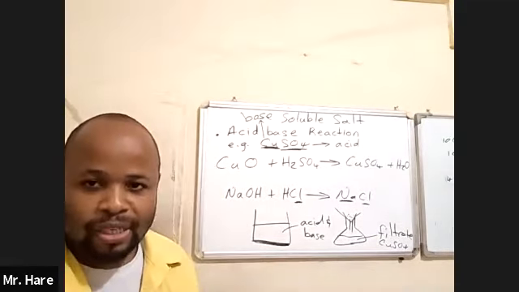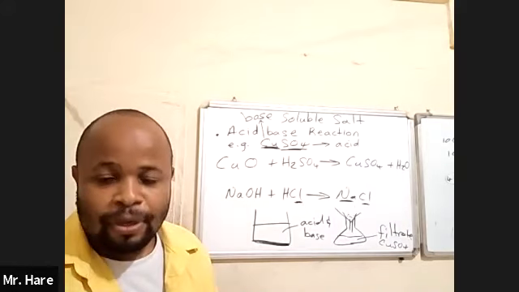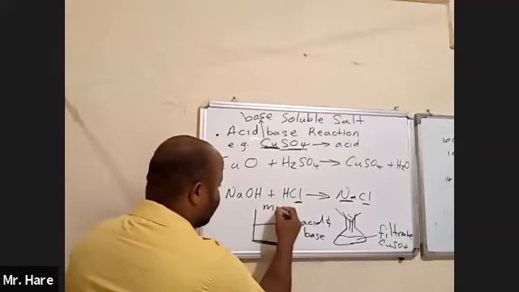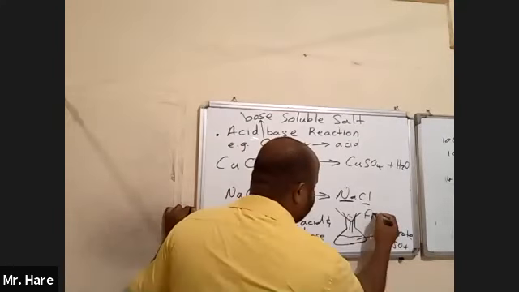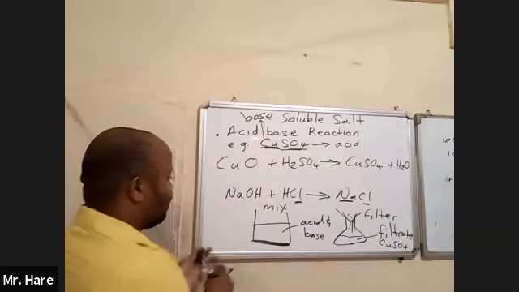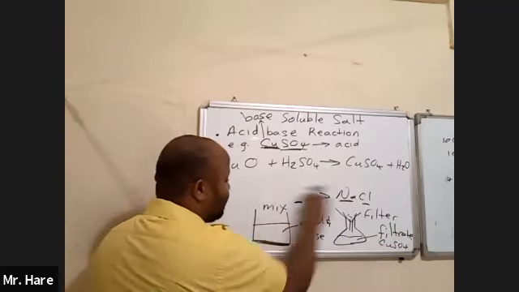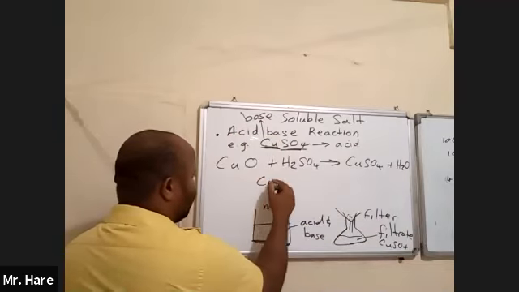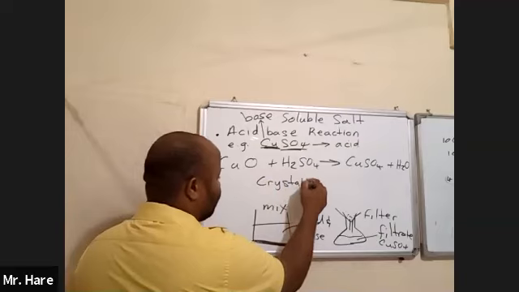So to get this soluble salt, you have to perform a third step, which is crystallization. So you mix, you filter, and then you perform crystallization, which is simply heating this solution.